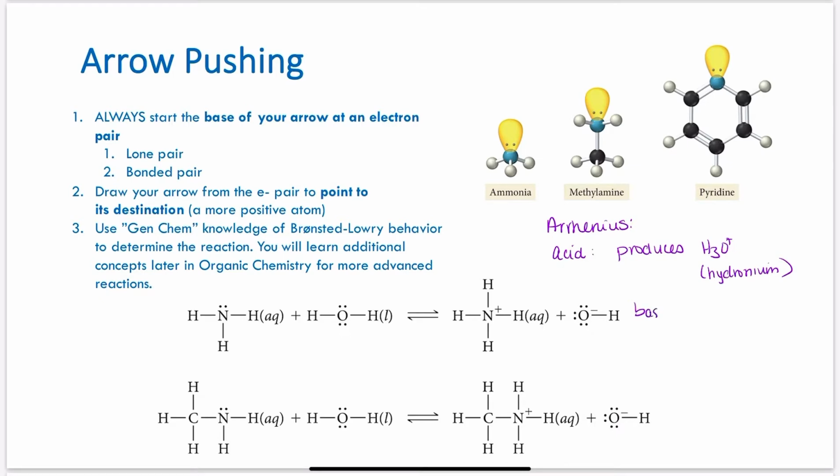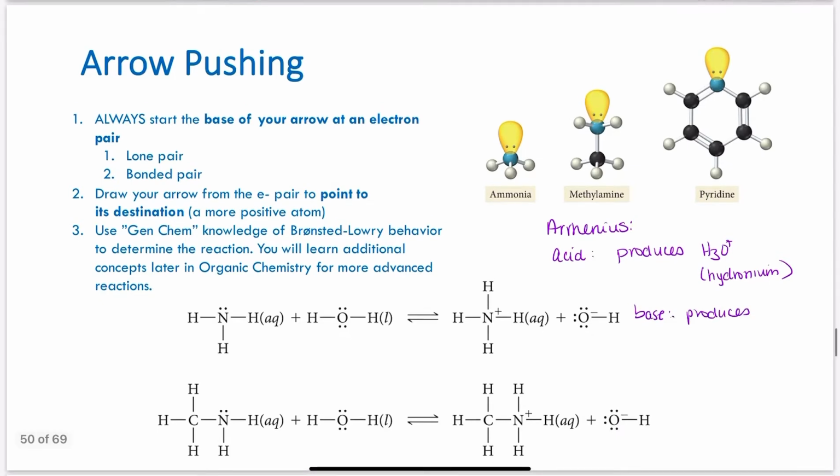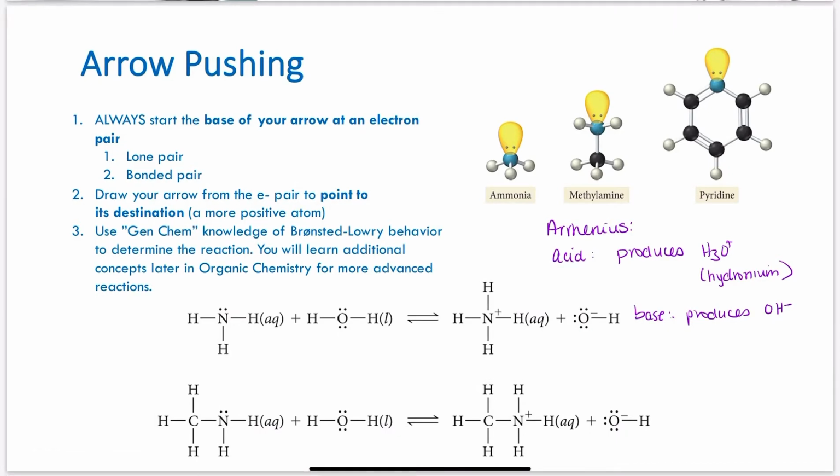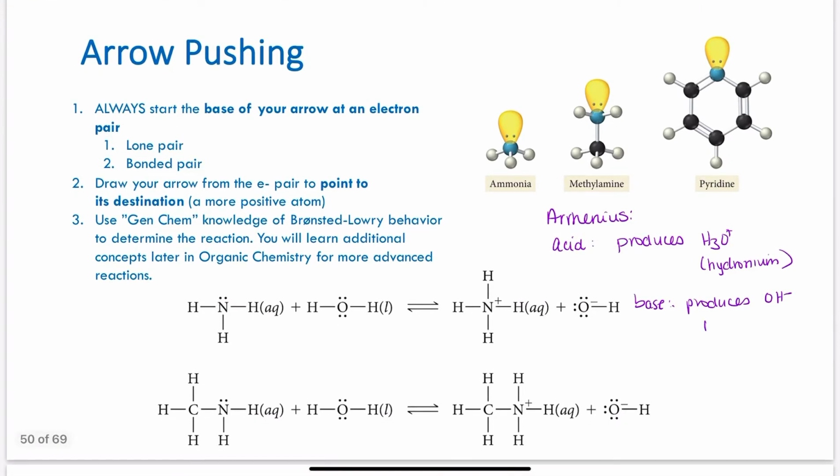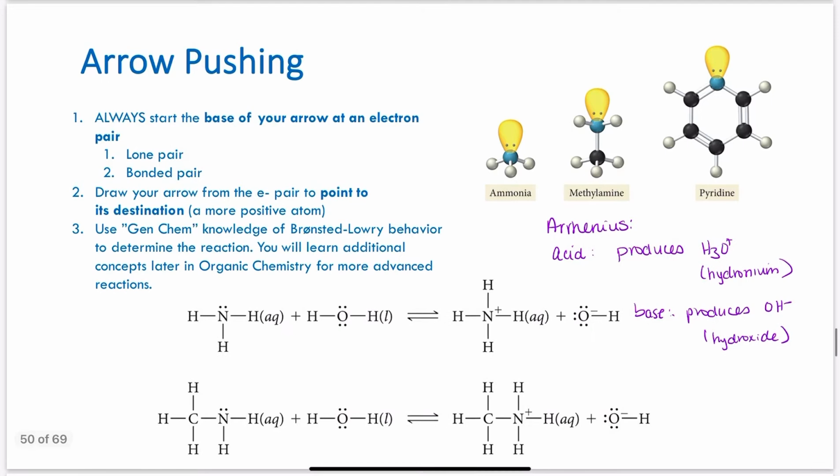An Arrhenius base produces hydroxide. So those definitions are great definitions and they work for a lot of the systems we have, but they aren't always completely efficient in what we need.